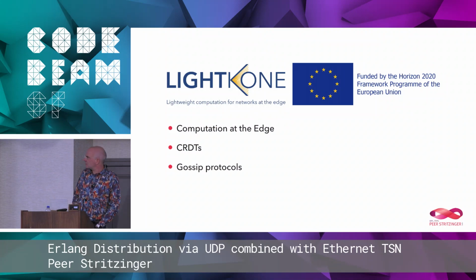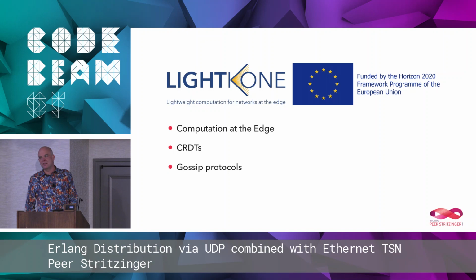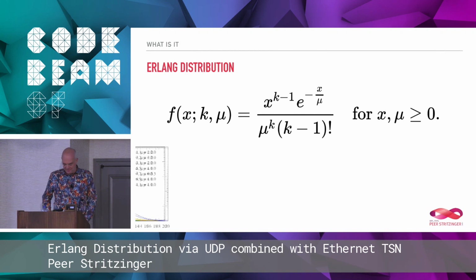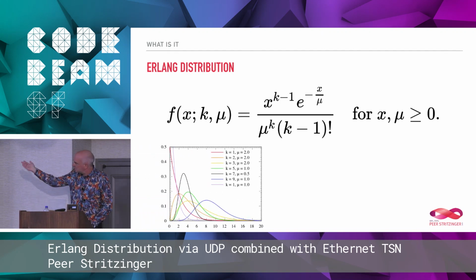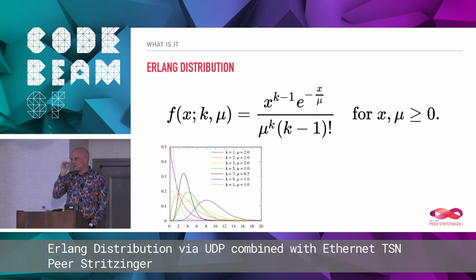So I have to show this slide because we are in the SlideCon EU project, and it's a research project about computation at the edge, CRDTs, and all kinds of these interesting things. And today I'm talking about this formula, the Erlang distribution, which basically gives you plots like this and describes the statistics of queuing problems.